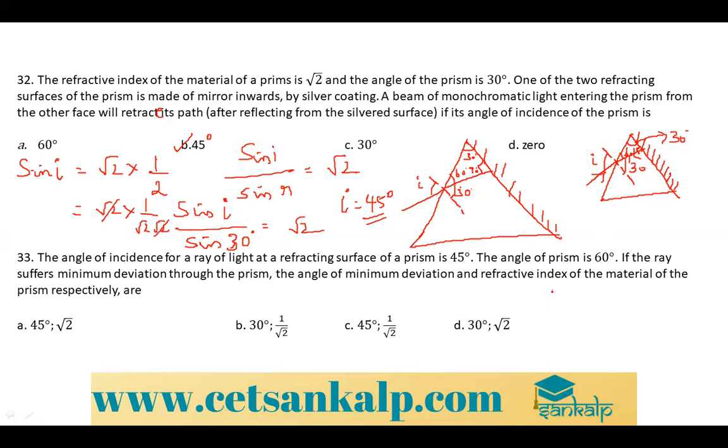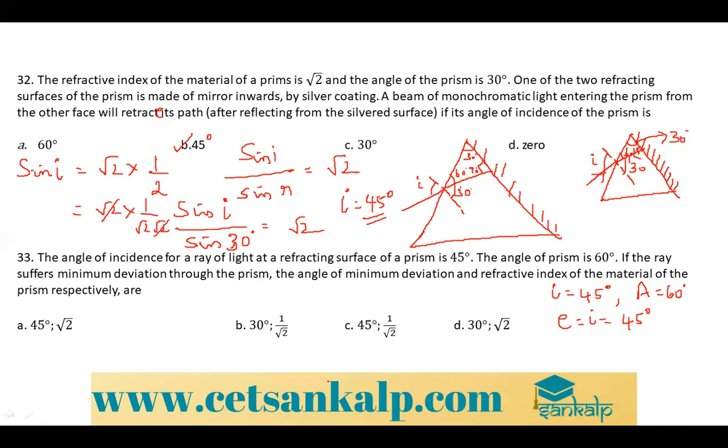So what they have given is i is equal to 45 degree, that is A is equal to 60 degree, angle of prism. Okay, since the ray undergoes minimum deviation, therefore the angle of emergence from face 2 is nothing but e is equal to i only, that is nothing but 45 degree. e is also 45 degree.